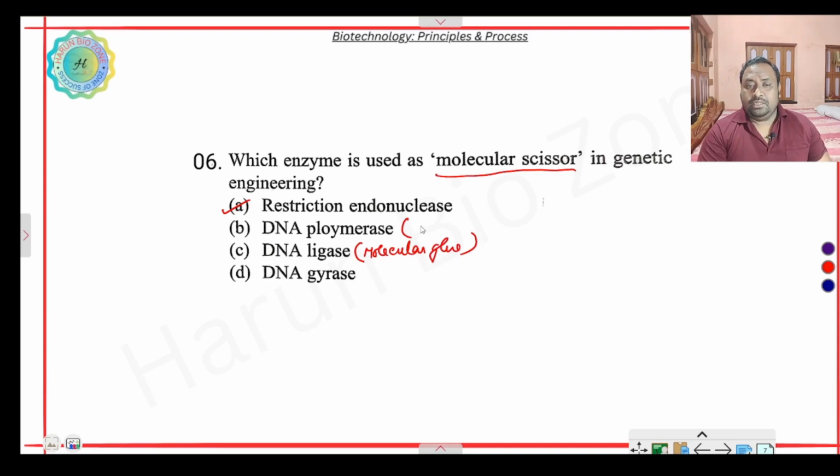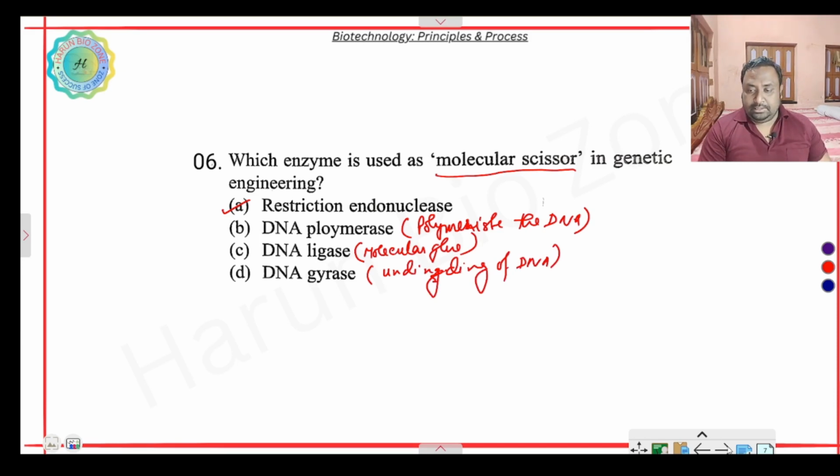DNA polymerase polymerizes DNA, meaning synthesis of DNA. And DNA helicase is for unwinding of DNA.